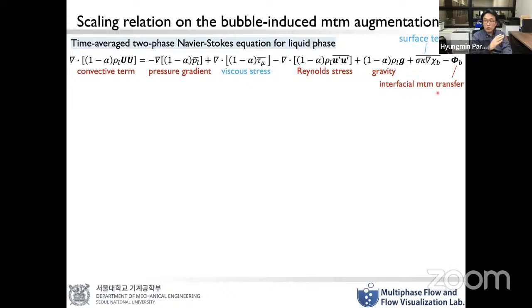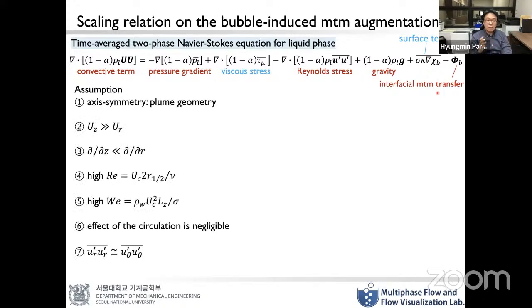We are going to apply this equation to our bubble plume problem, and we wanted to draw some scaling relation. We had many assumptions, like the axisymmetric geometry of our plume, the vertical velocity being much faster than the radial velocity, and high Reynolds number and high Weber number, something like that.